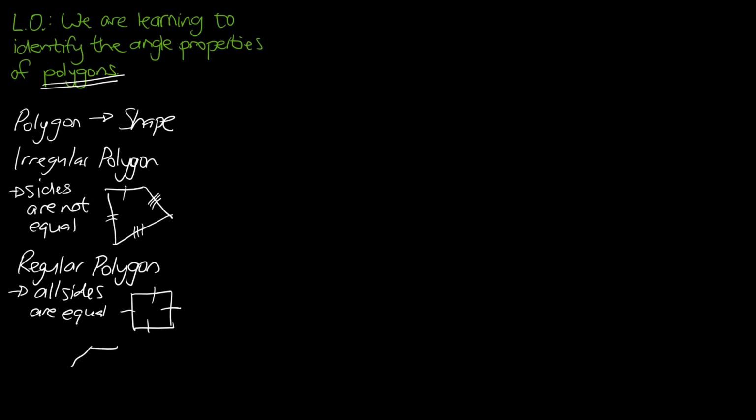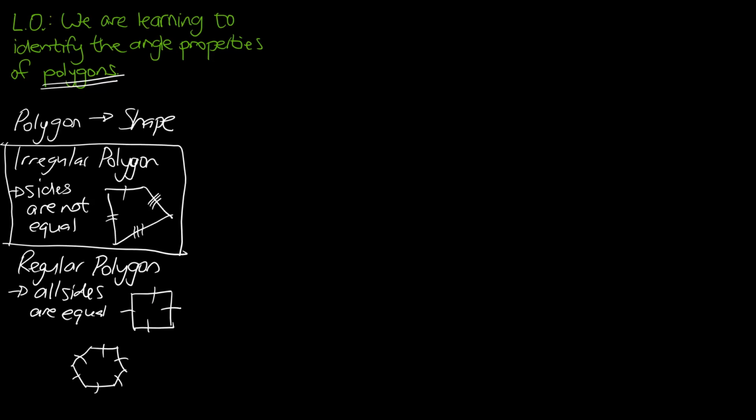Maybe you're thinking of a hexagon like that. All of those sides would be equal, so both of those shapes would be a regular polygon. Today's video will have a big focus on the irregular types because there will be a separate video about regular polygons and how the geometry and the internal angles of that works.